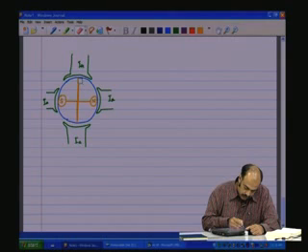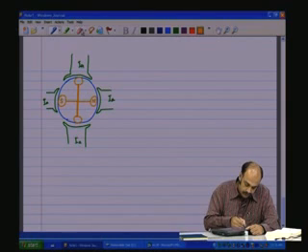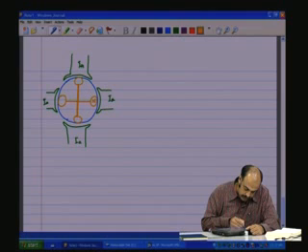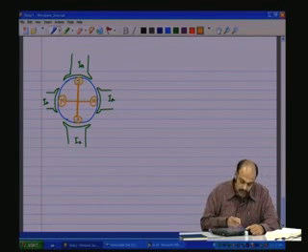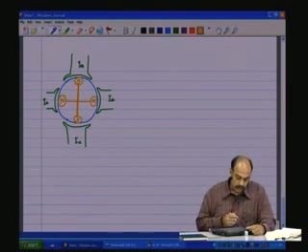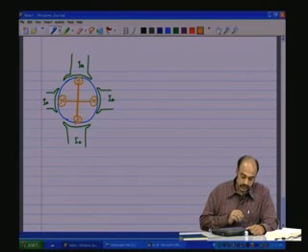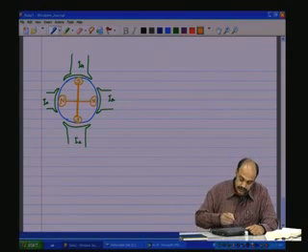So we have these 2 imaginary dumbbells, and let us say this is north, this is south, this is south. So north, south, it alternates throughout the whole circumference.